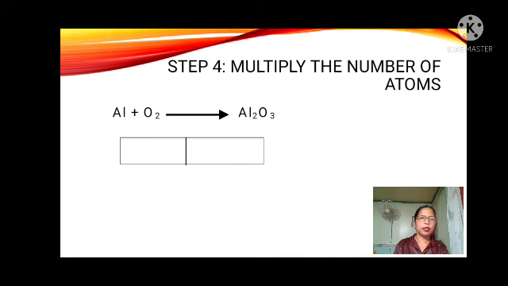So let's see. Aluminum will have 1 atom times 2, so 2. On the right side, we have 2 times 1 is 2. And then we have oxygen. 2 times 3 is 6, and 3 times 2 is 6.